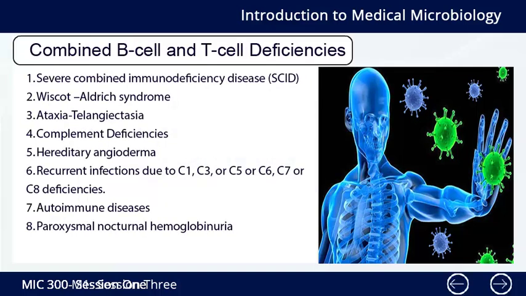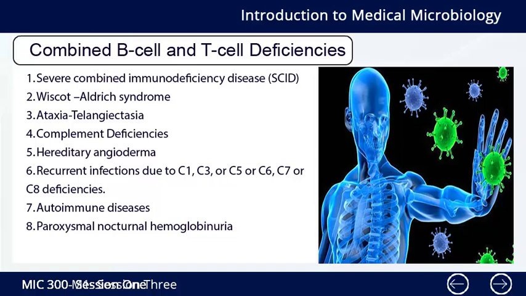Combined B cell and T cell deficiency. Number 1, severe combined immunodeficiency disease, that is SCID. Number 2, Wiskott-Aldrich syndrome. Number 3, ataxia telangiectasia. Number 4, complement deficiencies.